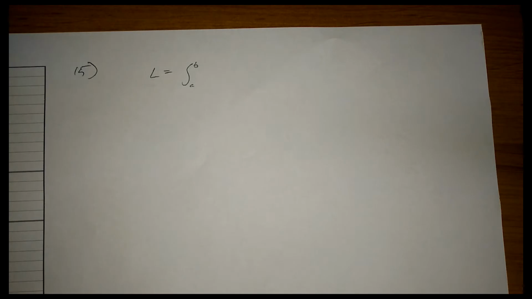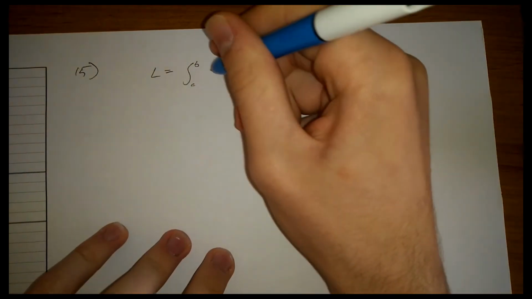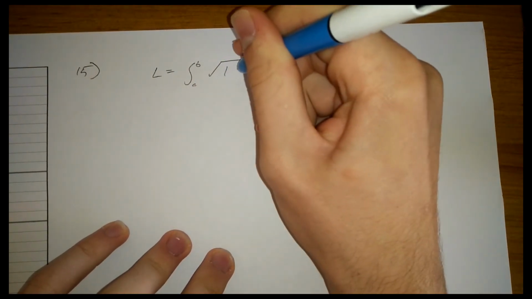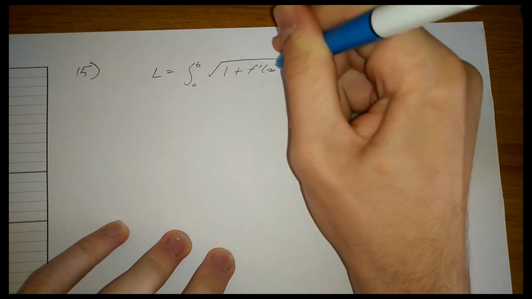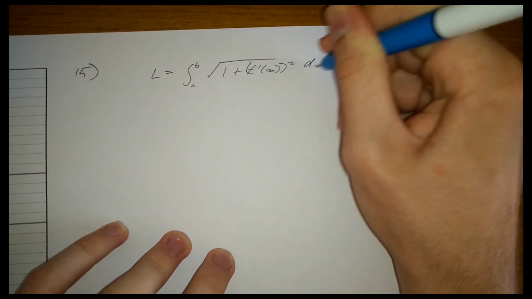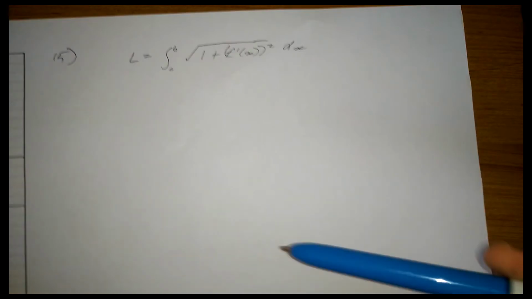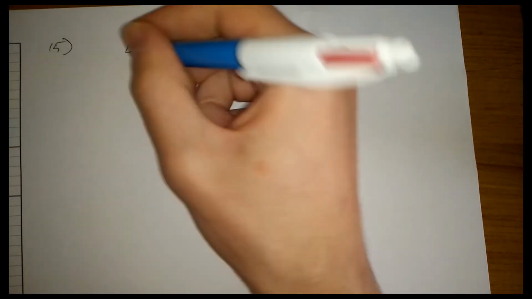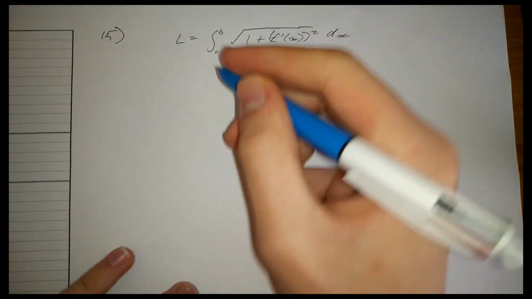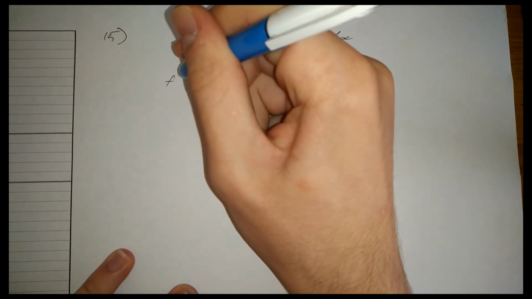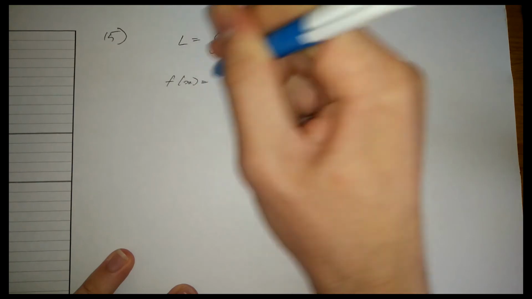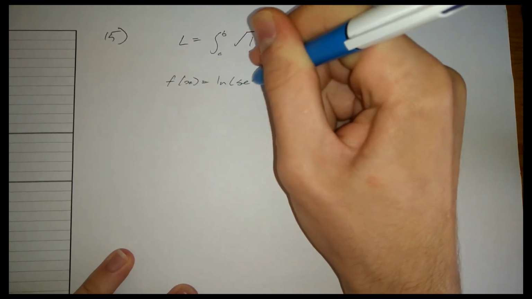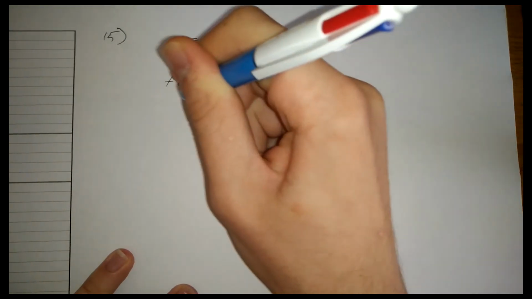Sorry, okay, there we go, got it. The square root of 1 plus f dash of x squared dx, right? So that's the length of it, and we have our function to be natural log of sec x.